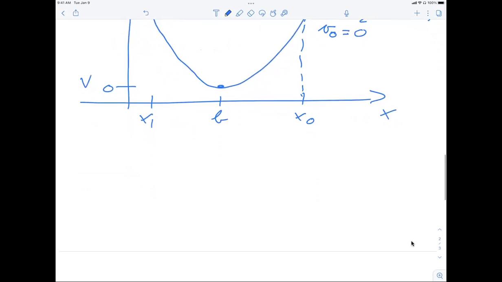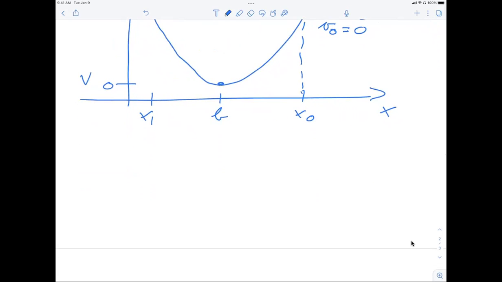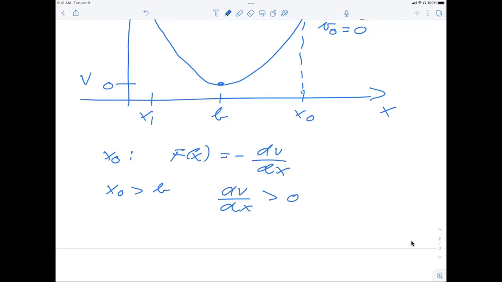Another thing which we know here, if we look at x0, is that F of x is equal to minus dV/dx. In this specific point, since x0 is larger than b, one of the things we see is that dV/dx is larger than 0.